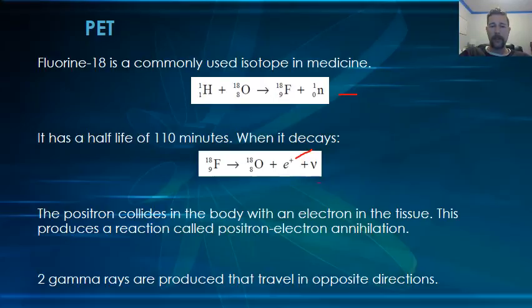Now this process is a reaction called the positron-electron annihilation, and what happens there is that the mass is actually transferred to energy and two gamma rays are produced. Now these gamma rays, according to the conservation of momentum, travel in opposite directions.